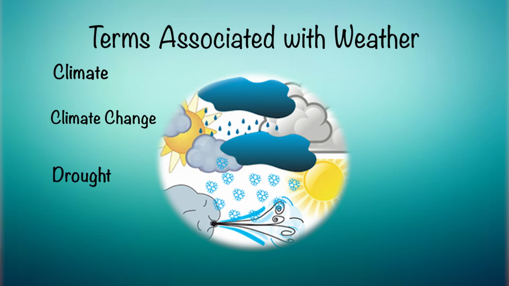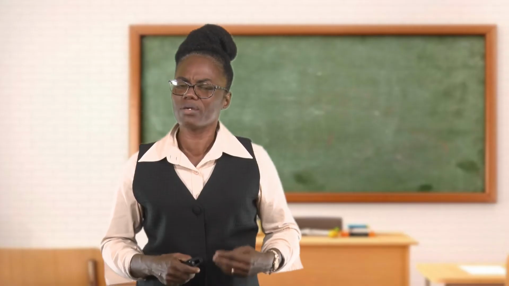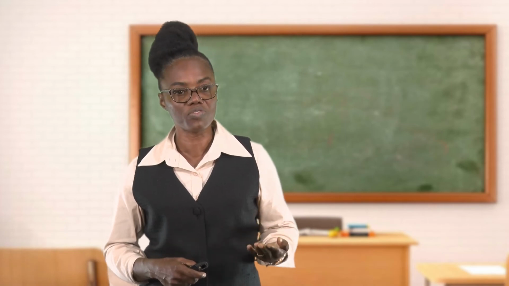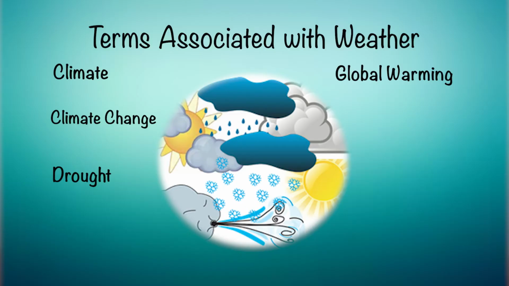Drought. Drought. Another term that is associated with weather is global warming. Global warming. I am sure, boys and girls, you may have heard these terms before. The next term is El Niño. El Niño. And finally, we will look at La Niña.